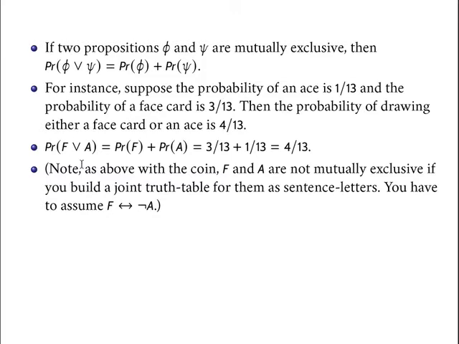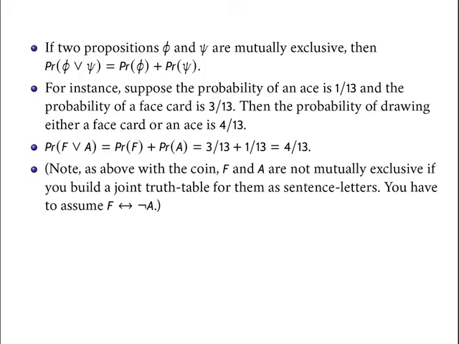So here we're treating F and A as being mutually exclusive, even though if you were to, very strictly speaking, create a truth table with just F and A, they would not be, because we're abbreviating. With F, we understand we're talking about a face card, with A, we understand we're talking about an ace, and we understand as a background assumption that there are no cards that are face cards and aces. That's why F and A are mutually exclusive, and that's why, when we calculate the probability of their disjunction, we simply add up their individual probabilities.